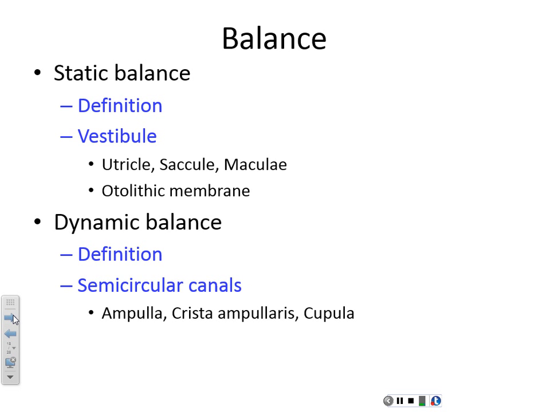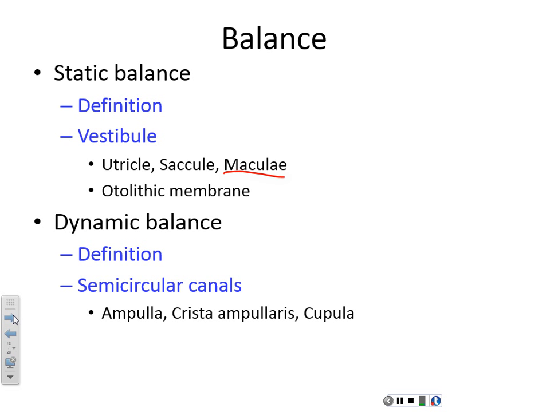Those hair cells are called maculae. The organ of Corti is the hair cell in the cochlea for hearing. For static balance, it's called the maculae.